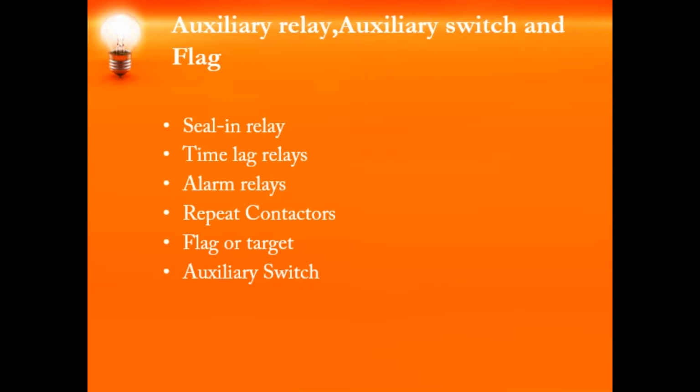For both of these, there should be a separate primary circuit, as well as a provision for alarm cancellation by pressing a button. The alarm circuit is interrupted on pushing this button. When the relay is de-energized, the initiating contact of the cancellation mechanism will be reset so that it can receive another alarm. Next is repeat contactors.